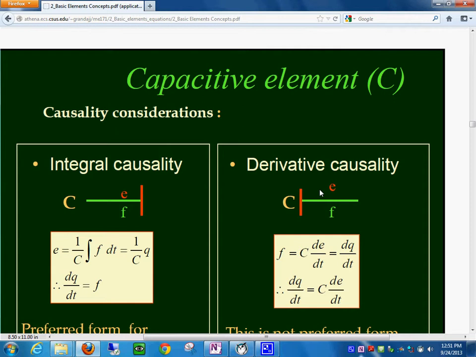So on the left hand side, you can see this C element has the equation E is equal to 1 over C times the integral of f dt, or 1 over C times Q. So whenever you see this form of the equation, you know that it's a C in integral form. And then finally dq dt is the f.